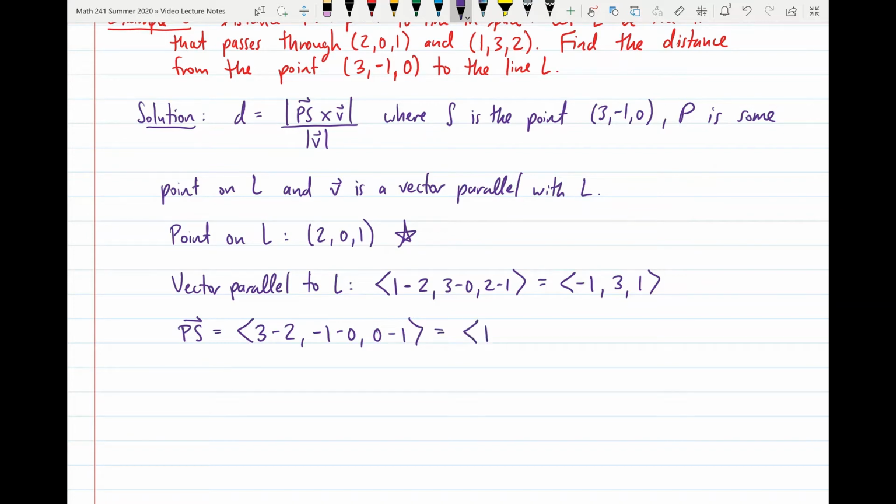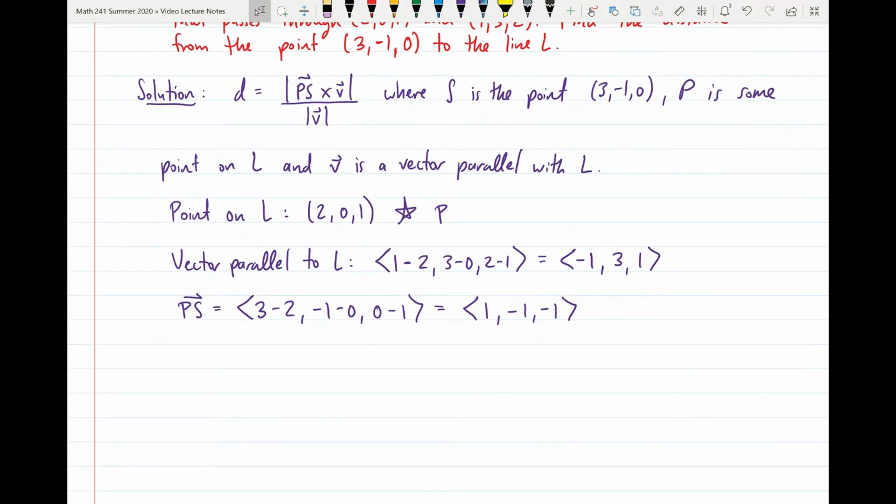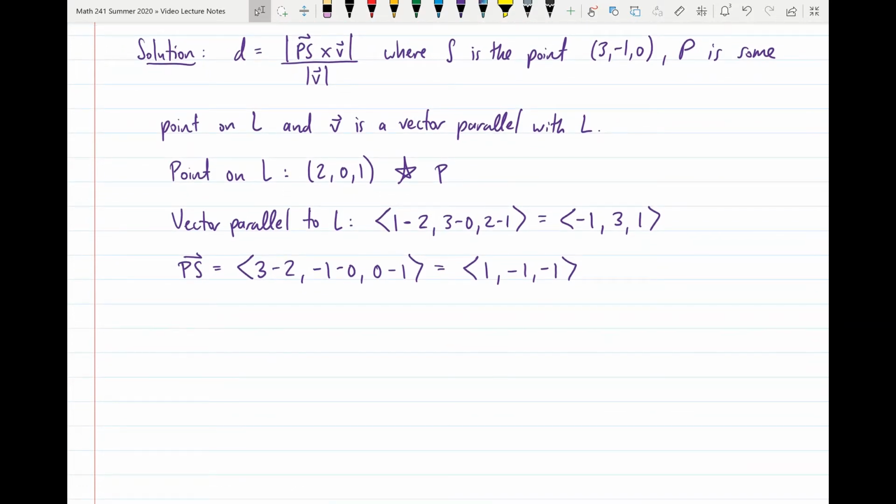And again, simplifying, we get 1, -1, -1 as the vector that goes from the point P on the line to the point S. And now we want to calculate the cross product of this vector from P to S with the vector V that is parallel to L. So let's do that.